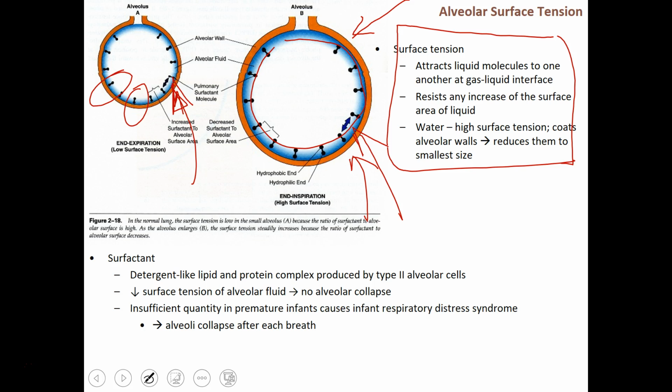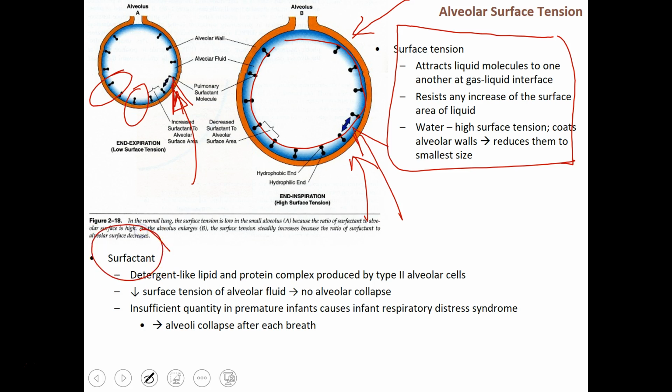Now, this force, this water surface tension that tries to basically collapse the alveolus, acts against the inflation.